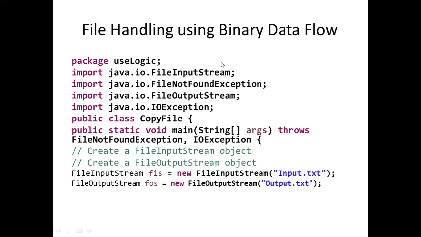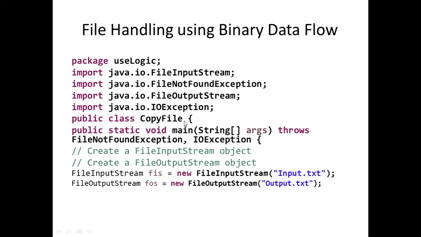You have so many imports. One import is FileInputStream as a class, which you have seen in the earlier slide. The next import is for FileNotFoundException. The further import is FileOutputStream. The next import is IOException, and the class name is CopyFile.